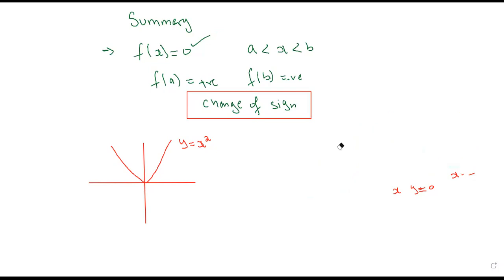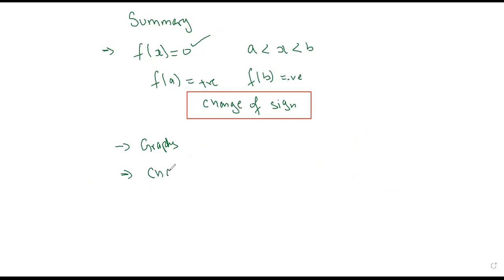Then we discussed some graphs: linear graphs, quadratic graphs, cubic graphs. Then we saw where the change of sign method fails, for example in the case of tan x graph and 1/x.